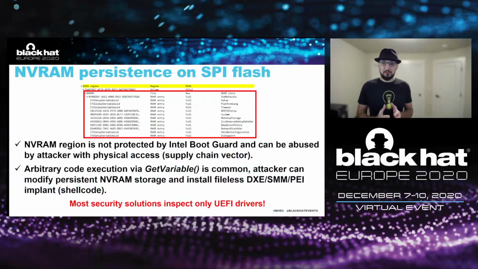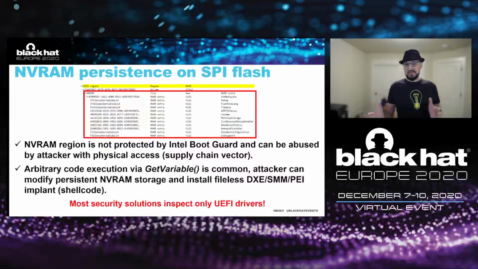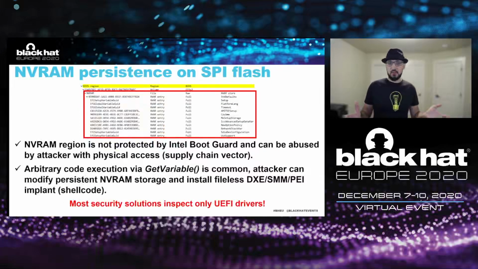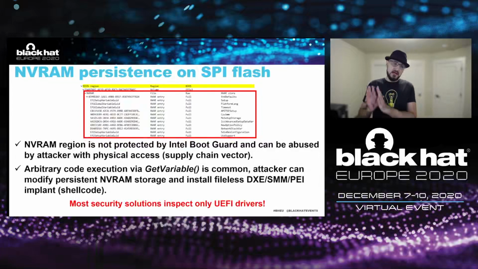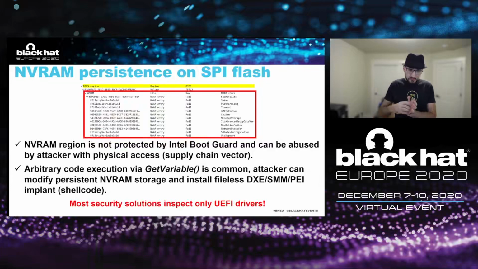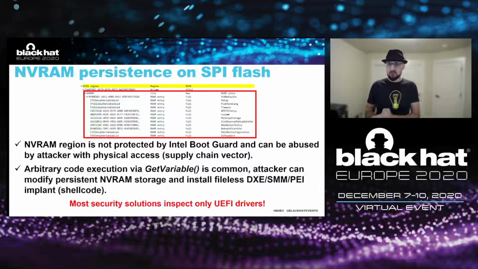Okay, let's talk about NVRAM as a persistent storage. NVRAM variables have two different types. There is a runtime storage, which is stored and accessible only while the system is running. But we also have a persistent storage on the SPI flash, where the variables are stored and survive a reboot.